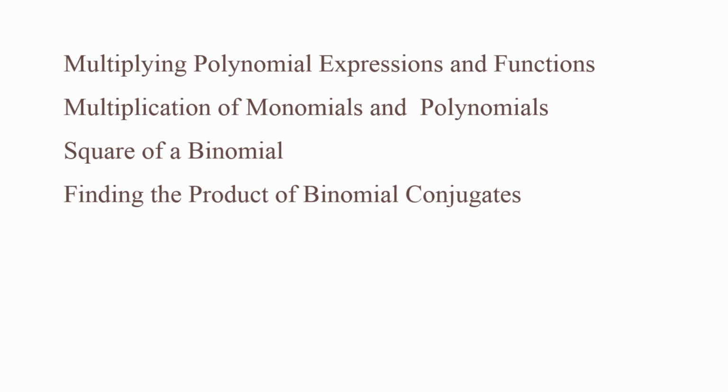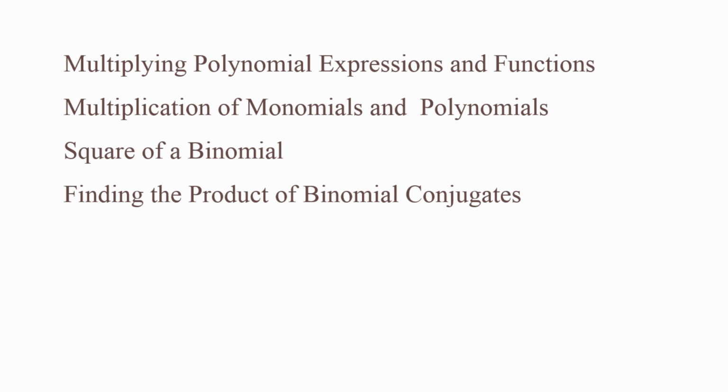Multiplying polynomial expressions and functions. Multiplication of monomials and polynomials. When I multiply a monomial by a polynomial, I have to distribute the monomial. When I multiply a binomial times a binomial, I have to distribute my first binomial, or I can use the FOIL method.